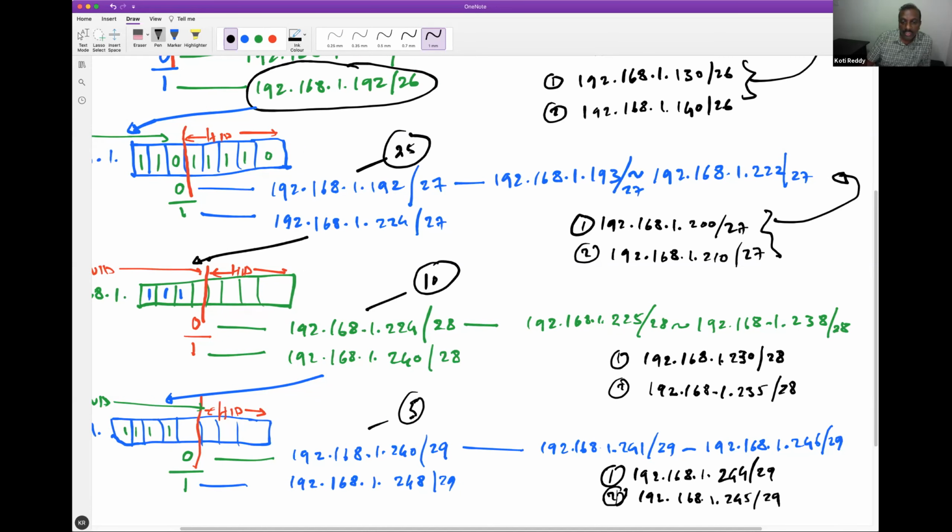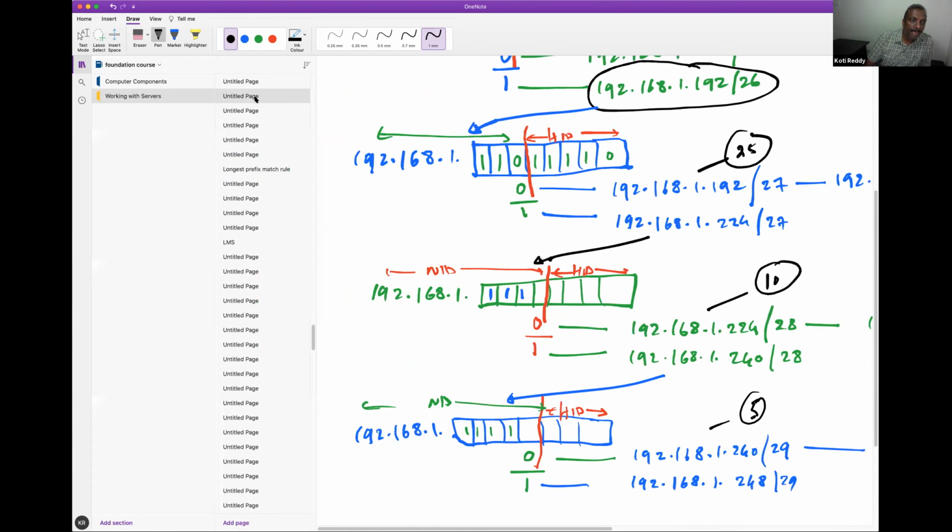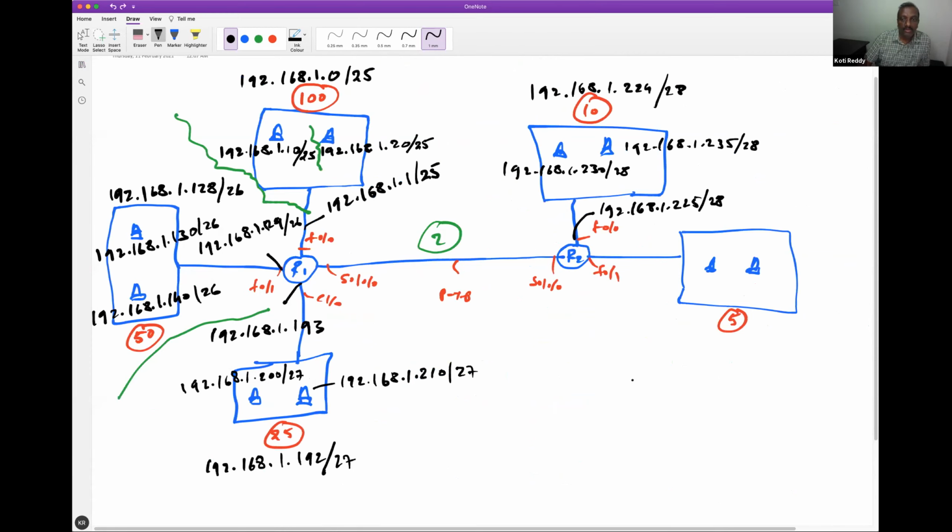So 1.240/29. 192.168.1.240/29. In this I give 192.168.1.241/29.